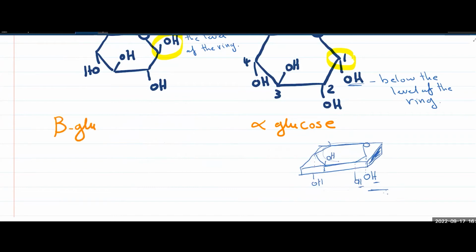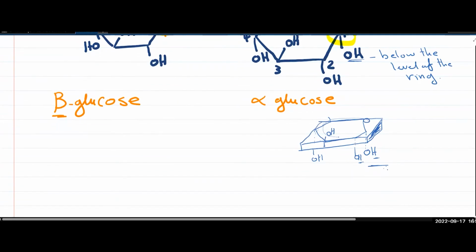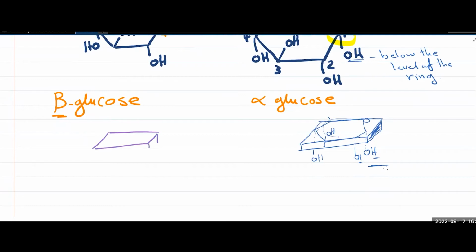Not opposite, يعني always if we classify things as alpha, the other one will be beta. Beta means the hydroxyl group of carbon number 1, only I'm looking at carbon number 1 only, is above the level of the ring. How? It could be the same. Here is the table, right? Okay. Here is the glucose ring on the table, plane of the table.